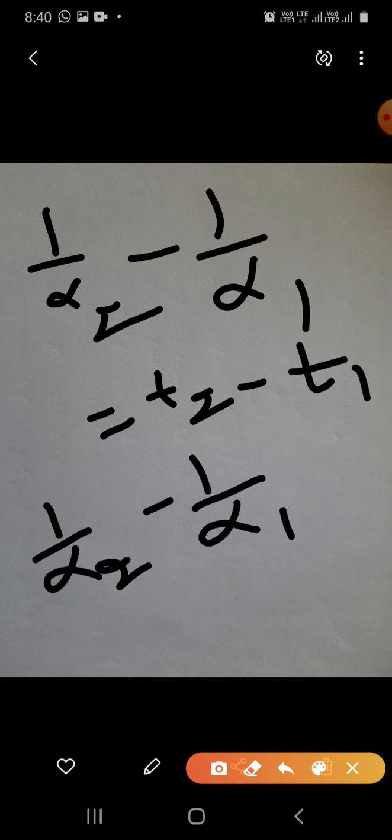When we subtract 1 by alpha 1 from 1 by alpha 2, we get the value T2 minus T1. That means 1 by alpha 2 minus 1 by alpha 1.